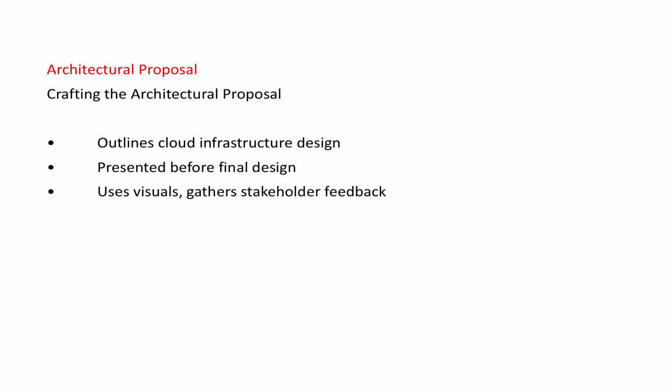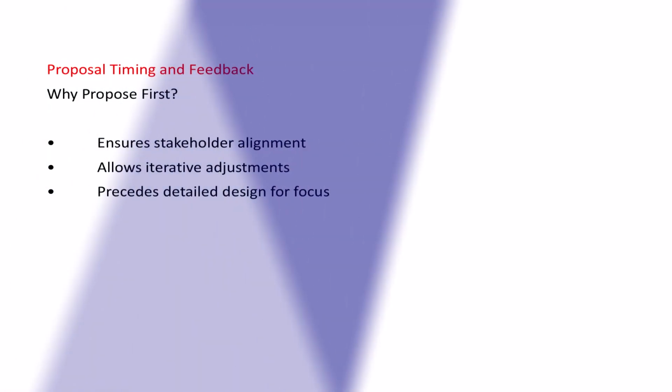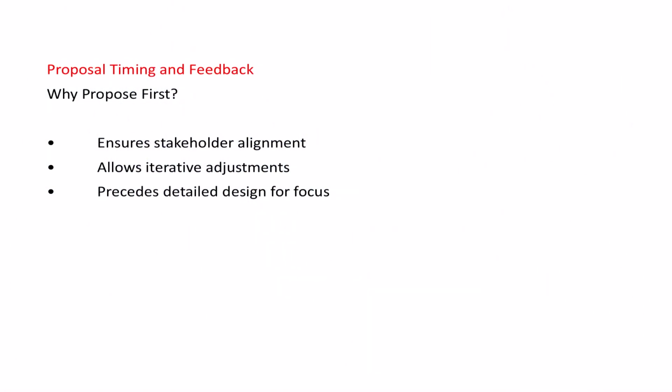A best practice is to first create an architectural proposal, a comprehensive document or presentation that outlines the proposed cloud infrastructure design and implementation to align with business and technical requirements. The architectural proposal is typically created and presented before finalizing the full architectural design.